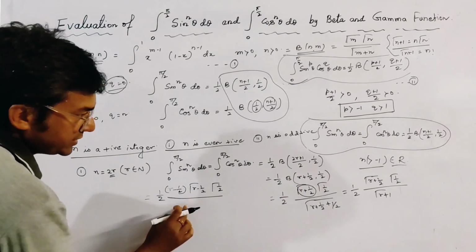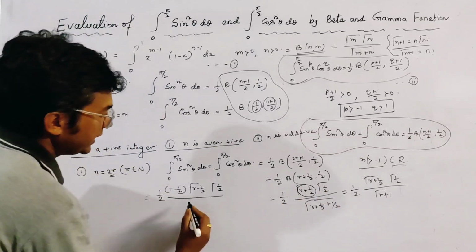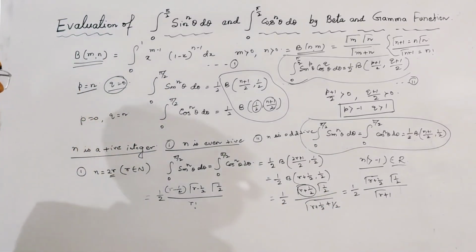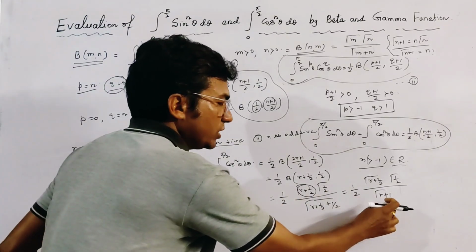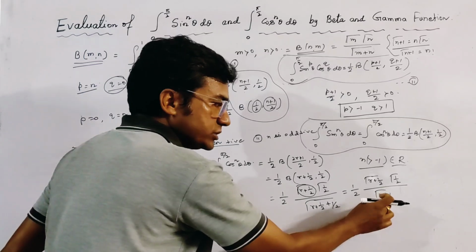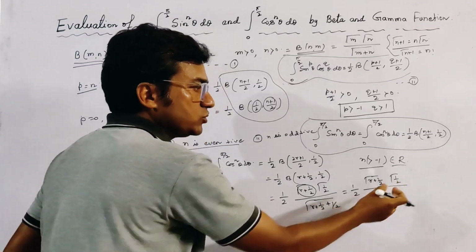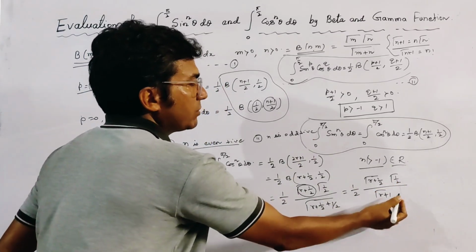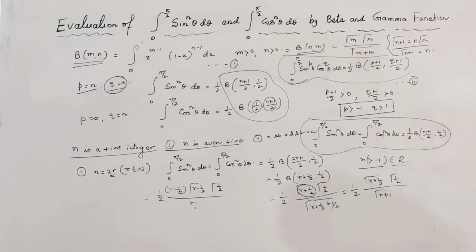And we write the denominator as r factorial, because r is a positive integer, so r plus 1 is also a positive integer, and gamma(r plus 1) is r factorial.